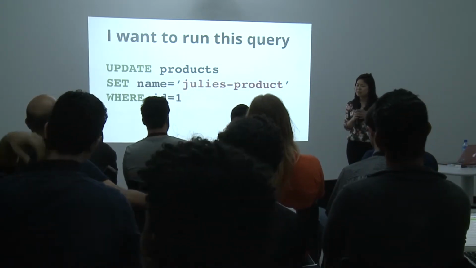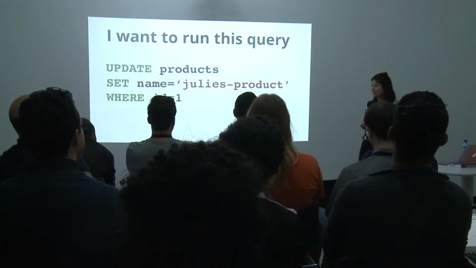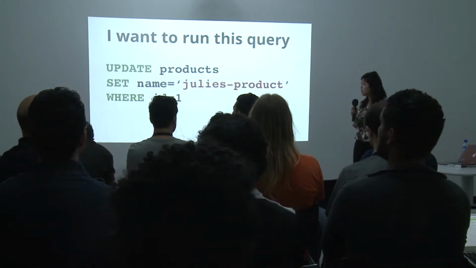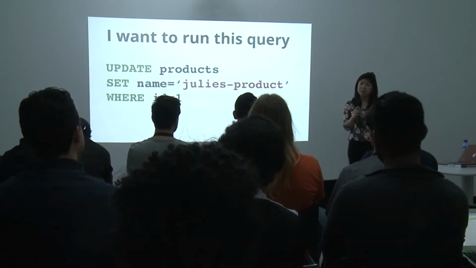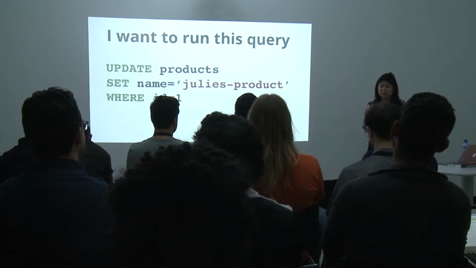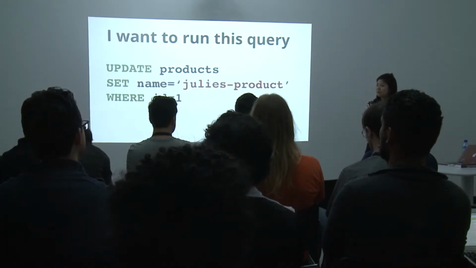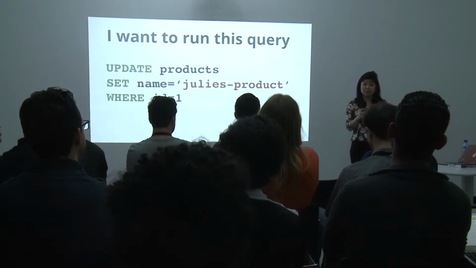Someone on the marketing team comes up to me and says, "Hey, Julie, I need you to make this change before the weekend. I promised this brand that we would change the name of this product, and if you don't do it right now, they're going to pull themselves off the Spring platform, and they make us a lot of money." So I write the query, I look around me, and by the time I'm done, I realize that all the engineers have already left for the weekend.